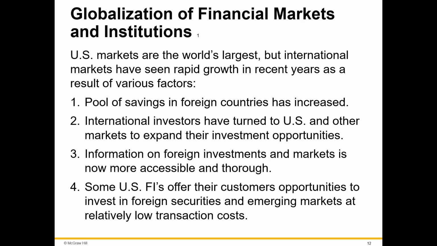Some United States financial institutions offer their customers opportunities to invest in foreign securities and emerging markets at relatively low transaction costs. This is a big one. It was very difficult before technology, like the internet and all of this fintech stuff, for somebody from a different country to invest in the United States. There was a lot of hurdles, a lot of things, and high fees. And the high fees were not necessarily from the United States side, it was from the side of the country they were in.